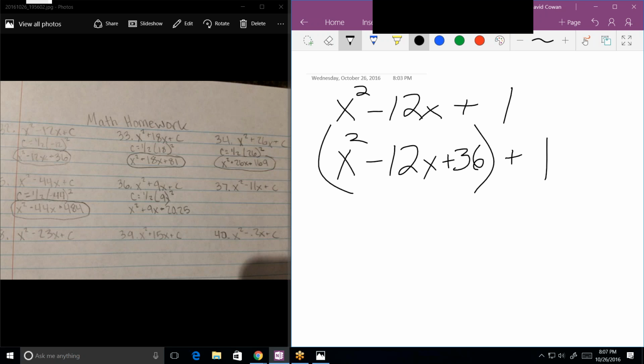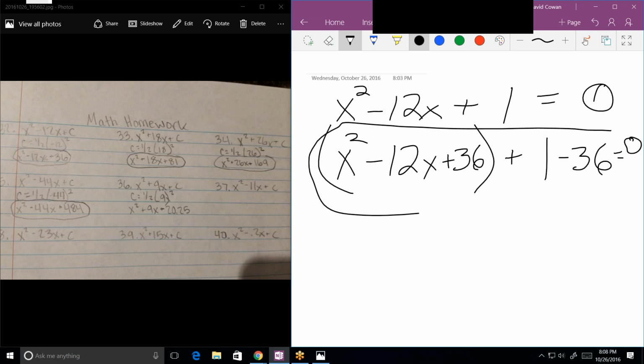So if I want to keep that expression exactly the same, I've got to balance it out. I'm assuming everything's on one side of the equation, but even if it's just an expression and not an equation, I don't want to change the expression.